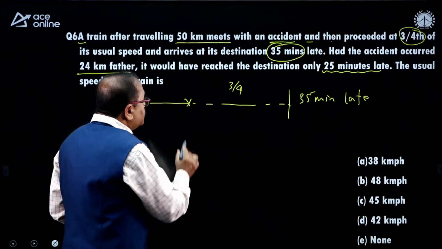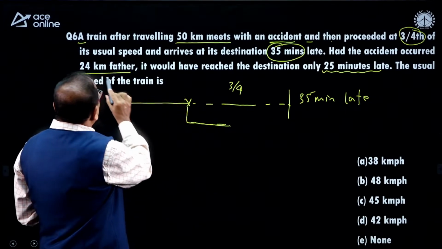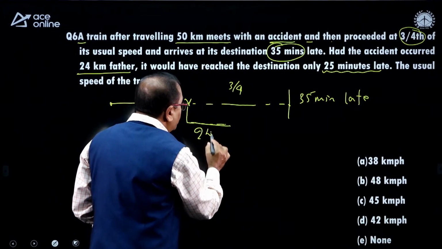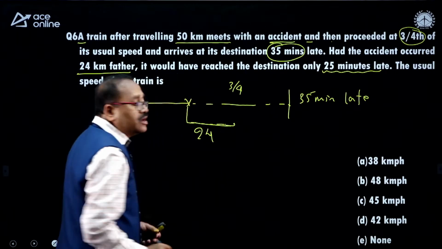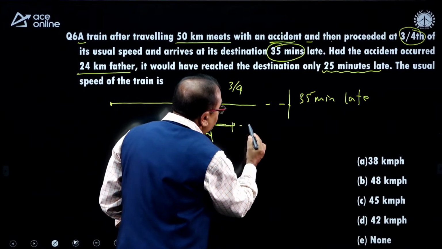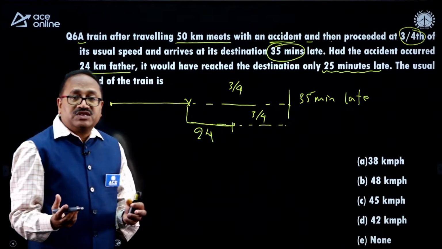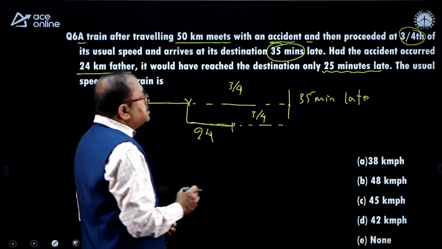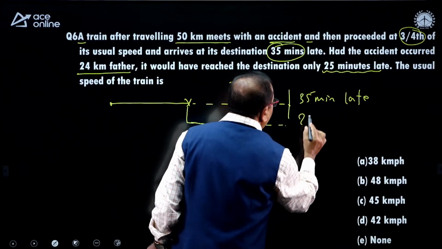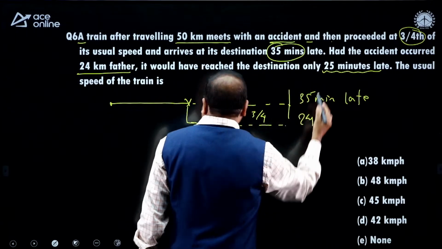Fine. If this accident would have happened after how many kilometers? 24 kilometer further. Here 24 kilometer further, if this accident would have happened, then still he will be moving this part with 3/4 of his usual speed. As a result, he would have been late by 24 minutes. Am I right? Not 24 minutes, 25 minutes.